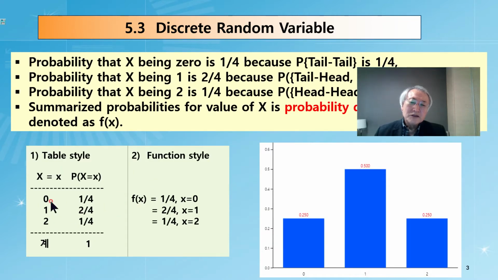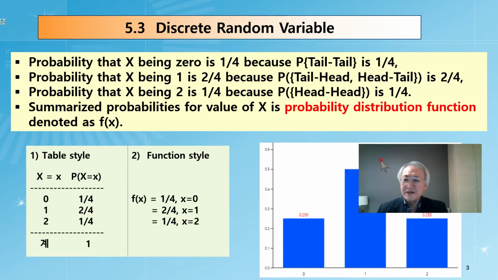Therefore, the probability of X is 1/4 for 0, 2/4 for 1, and 1/4 again for 2. We summarize information about the possible values of X and their probabilities. We call this the probability distribution function.